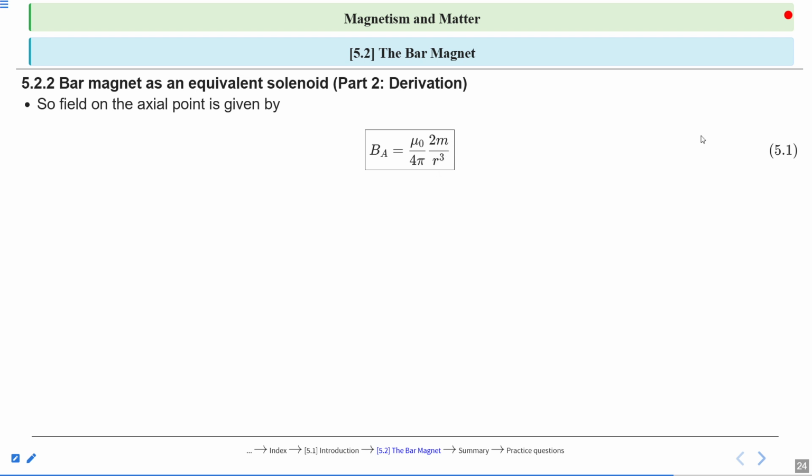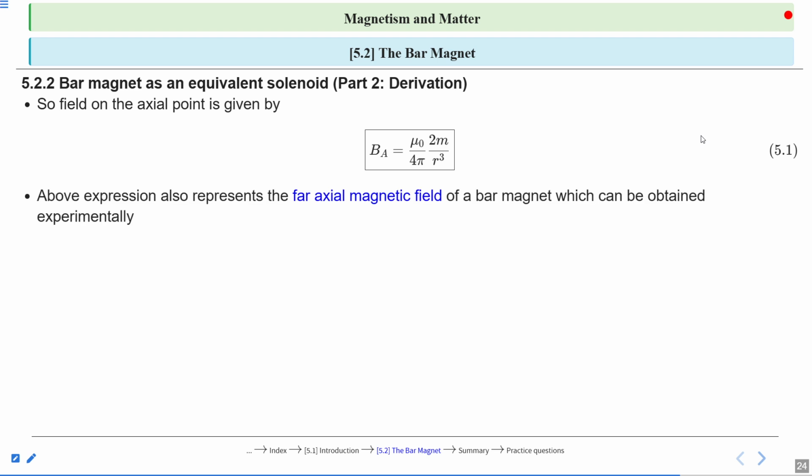Okay, mark it as equation 5.1. The above expression also represents the far axial magnetic field of a bar magnet, which can be obtained experimentally. So this formula is also the same for the bar magnet, representing the magnetic field at a far axial point of a bar magnet.